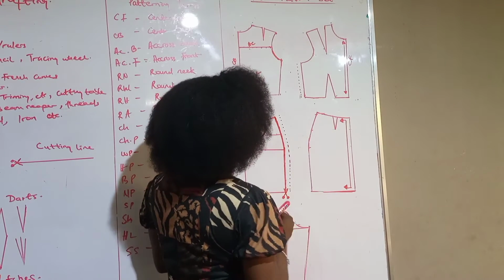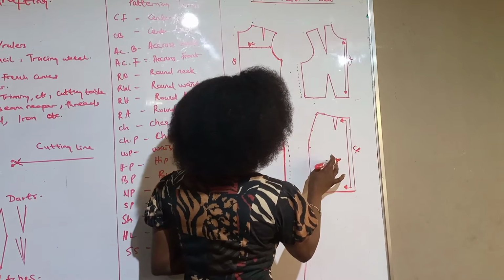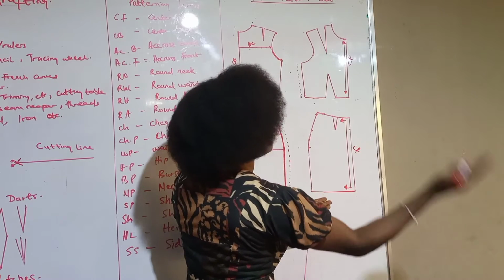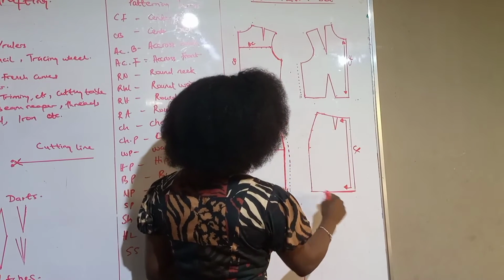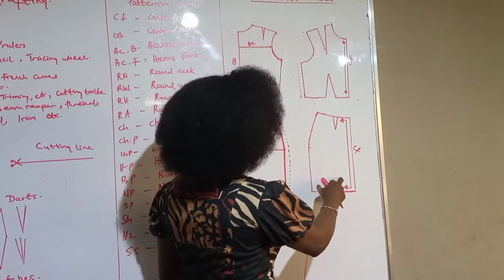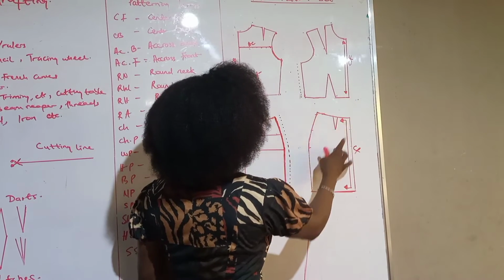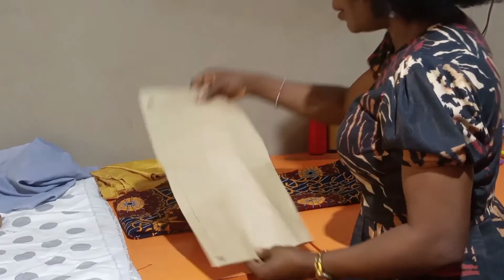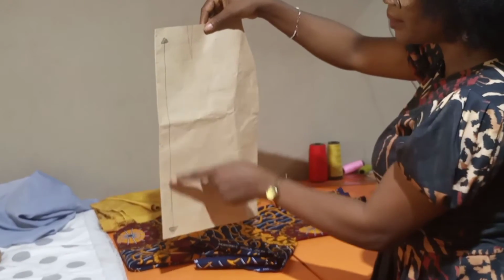Like if you are looking at this skirt pattern, this is the center front, and this is a quarter of the measurement. So your fabric has to be on fold while you place your pattern on it, so that after cutting, you can have the full front. So that is what this symbol means. Please, I want to show you the practical demonstration of these two symbols on the fabric before we continue. Now, on this skirt pattern, you can see the grain line symbol.